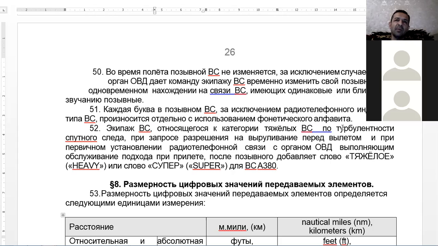This separation minima is another question; you should learn the detailed information in other subjects. For phraseology, you should know that when aircraft are of different categories, they should put heavy or super, etc. after the call sign.